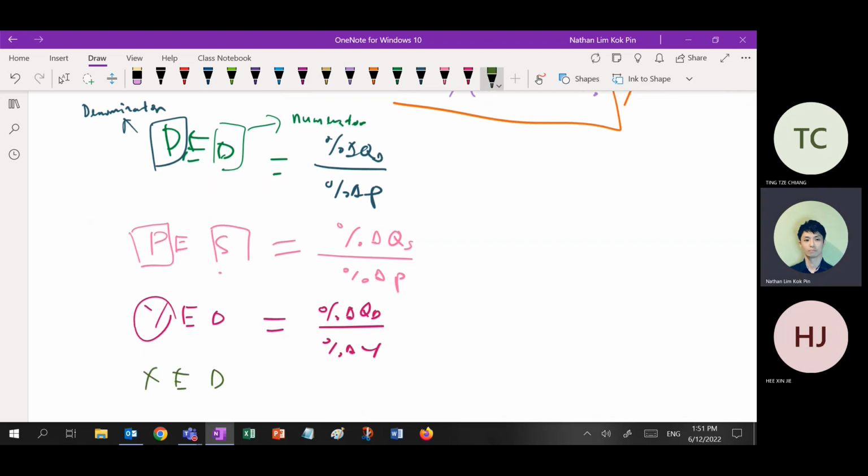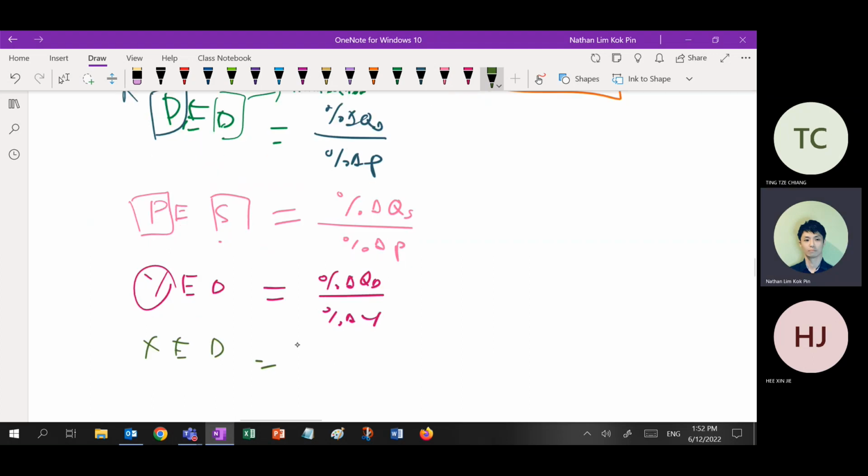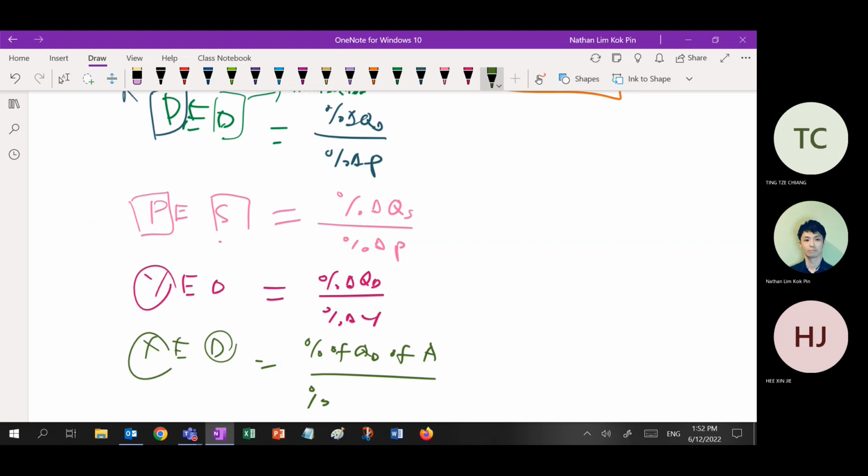Because there are two goods, good A and good B, it's actually a PED formula with A and B: the percentage change of quantity demanded of good A divided by the percentage change of price of good B. X is of course another good, cross.